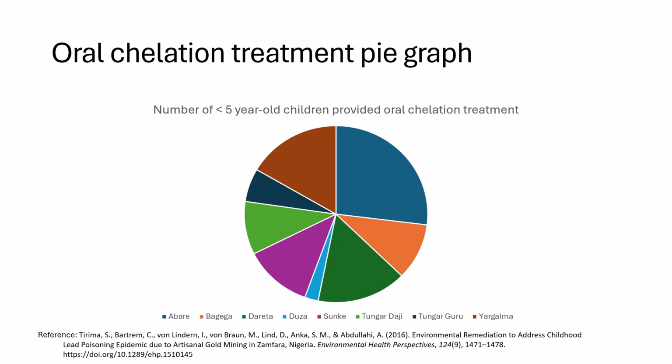Zargama is next, the brown area on the pie graph, and they had treated 390 total at that point in the remediation phase. Third is Dareta, in the forest green, and that village had 372 children treated in total.